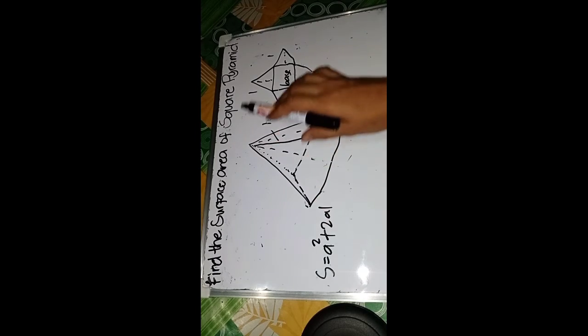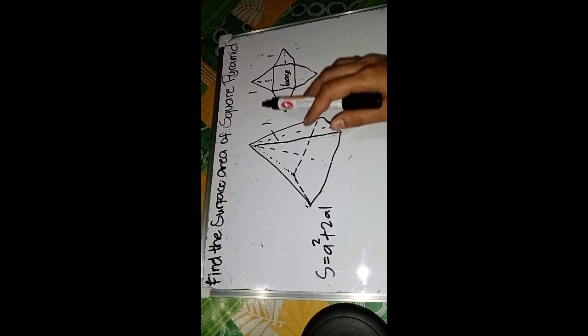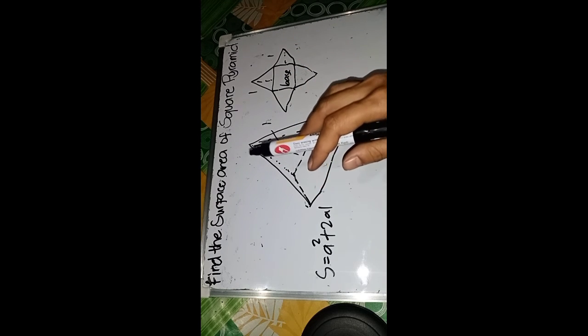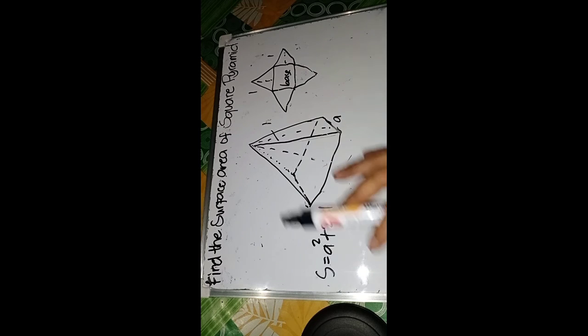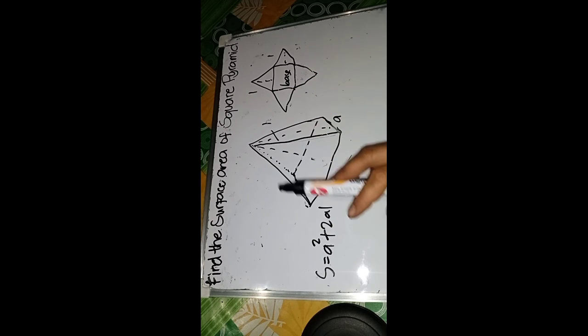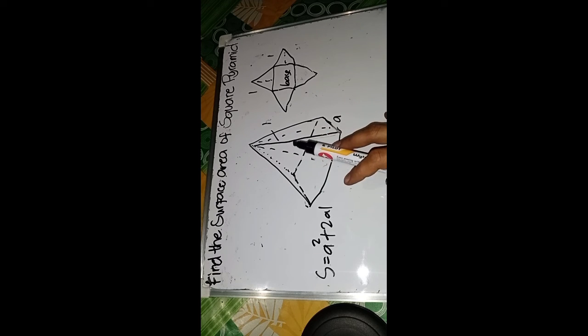Find the surface area of a square pyramid. The surface area of a square pyramid can be calculated by presenting the 3D figure as a 2D map. After expanding the 3D figure into a 2D map, we get 1 square and 4 triangles.